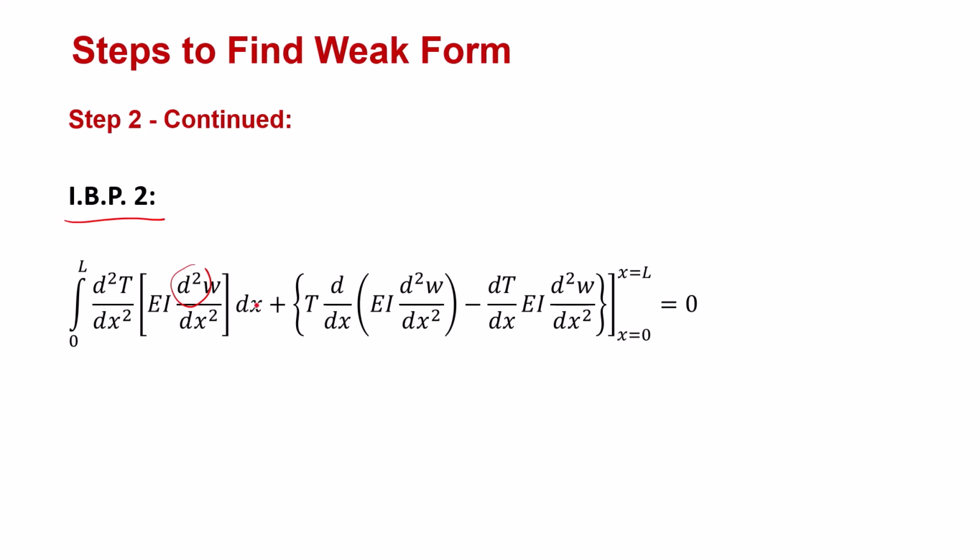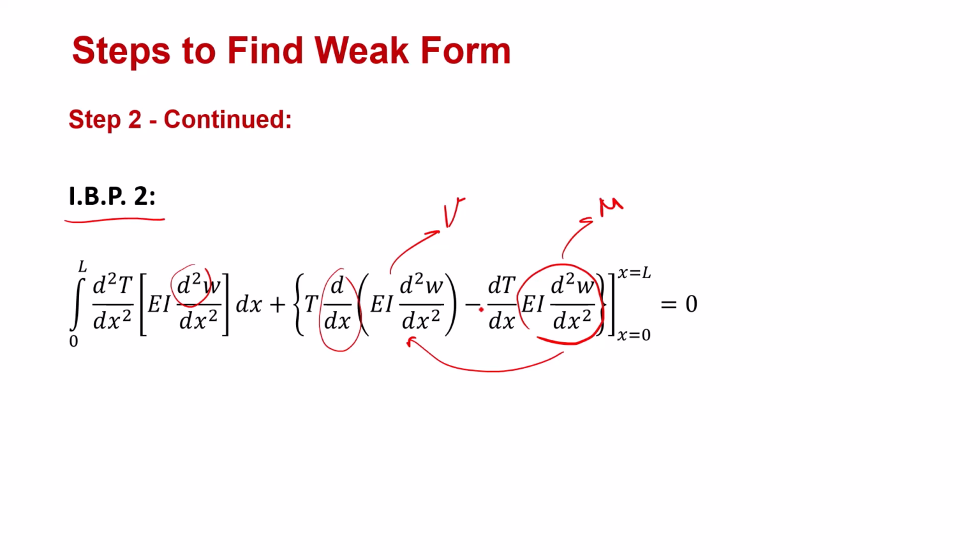The boundary terms now contain EI d2w over dx2 and d over dx of this expression here, and as you know, this is the moment and this is the shear. So the natural boundary conditions appear naturally in the formulation. That is why they are called natural boundary conditions.